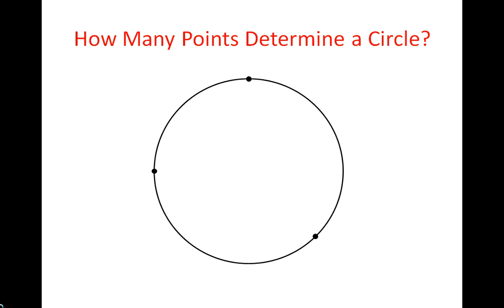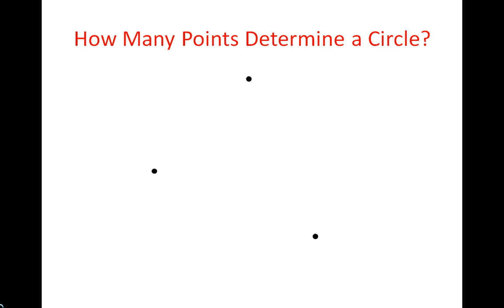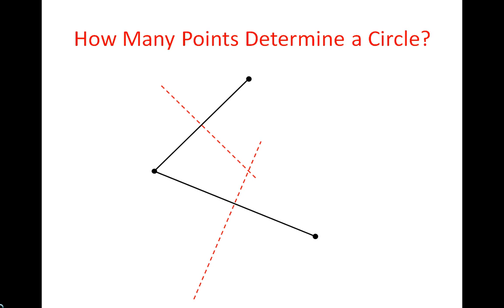Okay, let's prove that. Let's take these 3 points and connect a couple pairs of them up with line segments here. Take one of those lines and draw the perpendicular bisector. Do the same with the other. Wherever those perpendicular bisectors cross, that's going to be the center of our circle. The reason for that is simple. Any point along the perpendicular bisector of a segment is equidistant from the 2 endpoints of that segment.